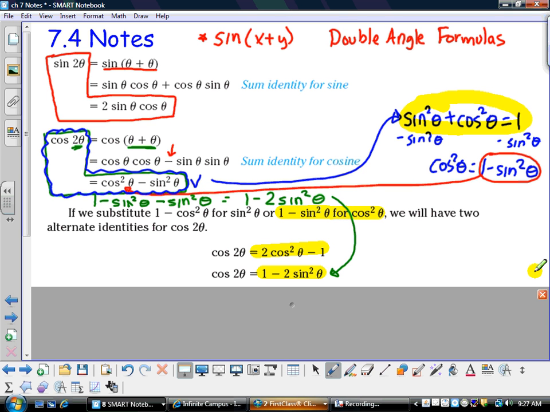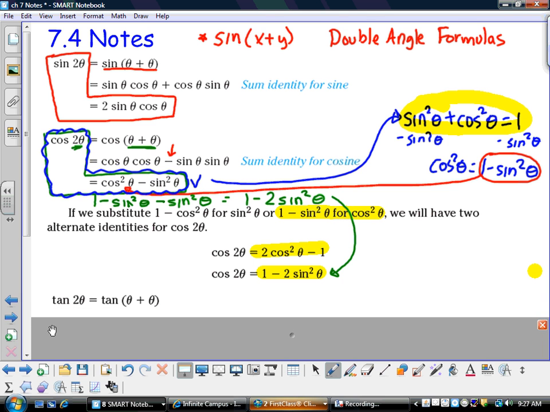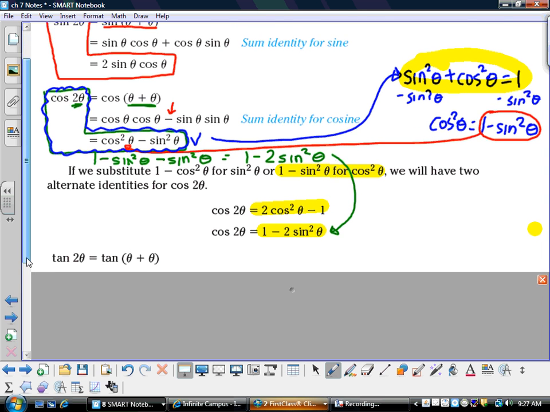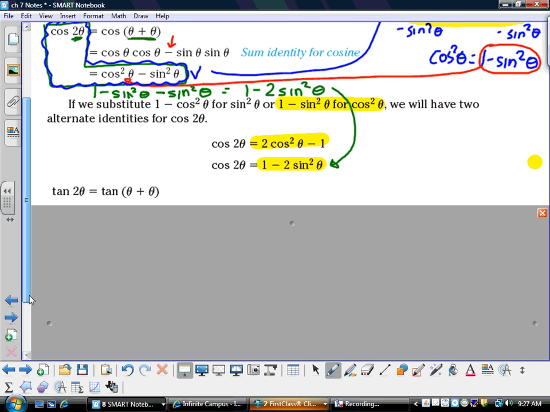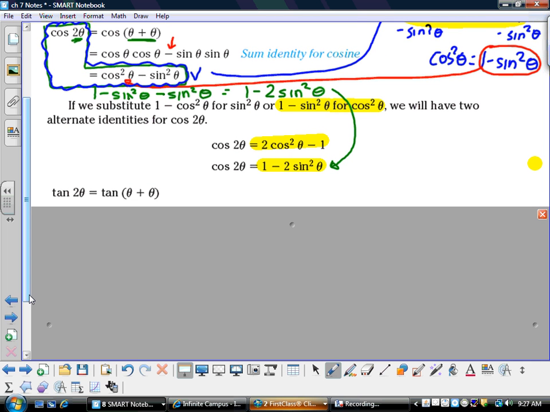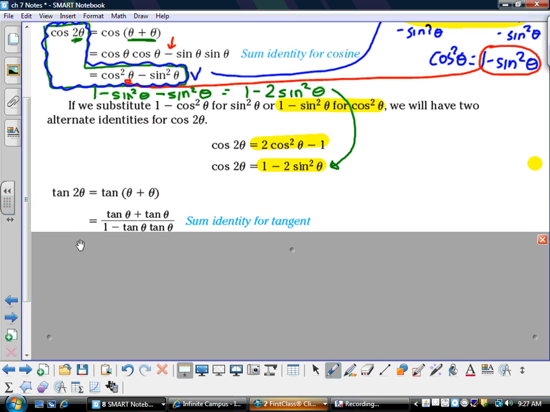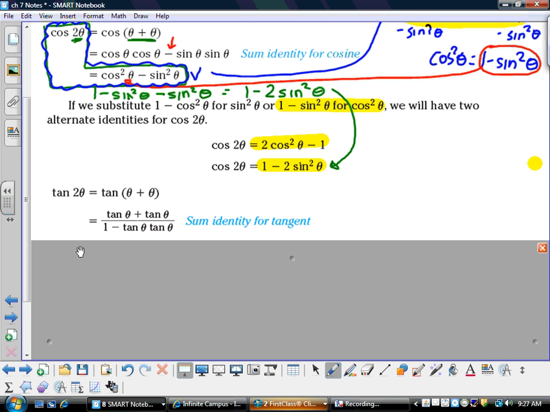So we did double angle for sine, double angle for cosine, now double angle for tangent. Change the tangent of 2 theta into tangent of theta plus theta. Now we'll use the identity from yesterday and plug in the thetas everywhere.